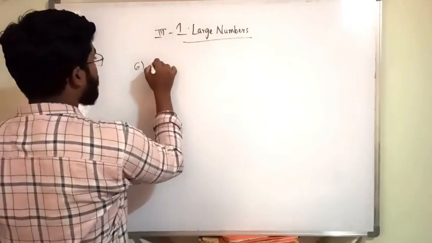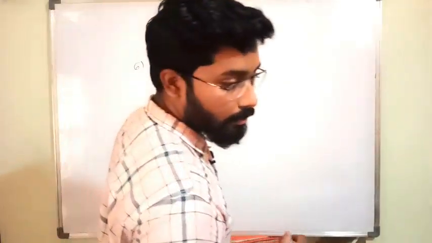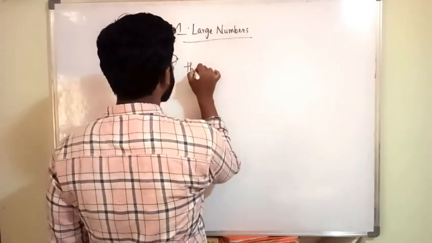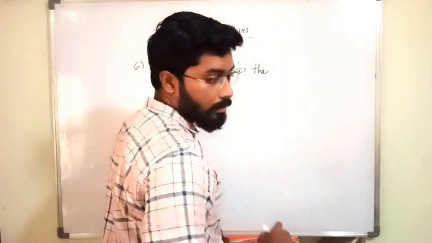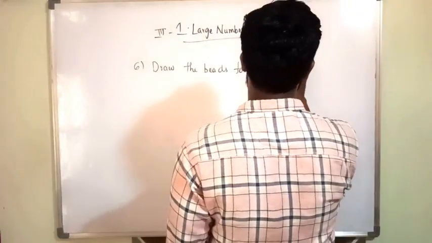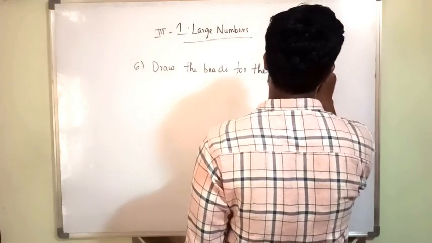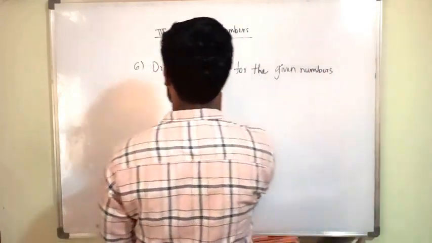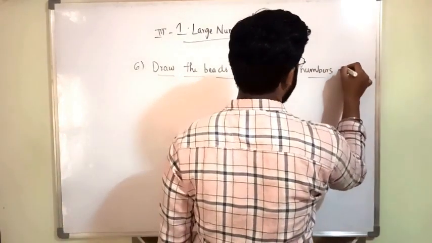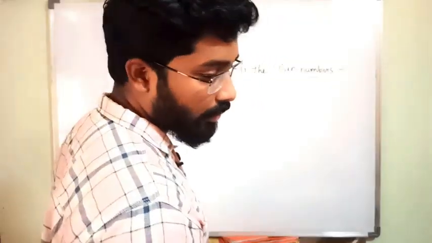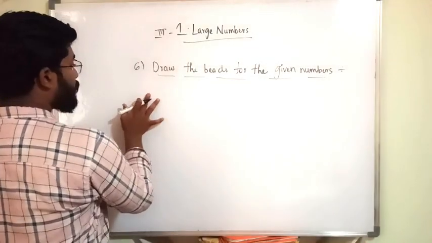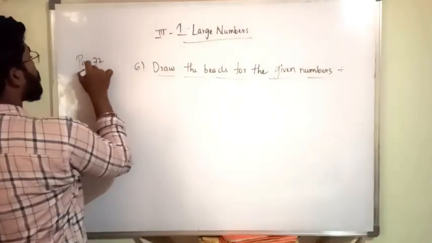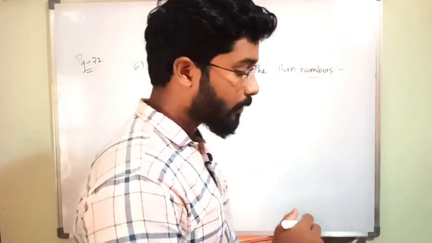What is that? Draw the beads for the given numbers. In this we have completed up to E. This is on your page number 72. So we can start from F.